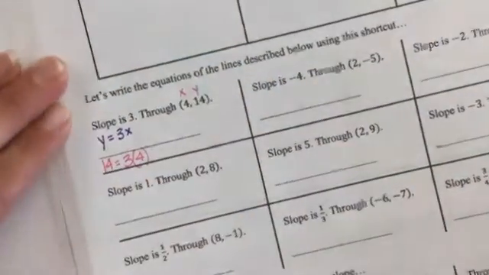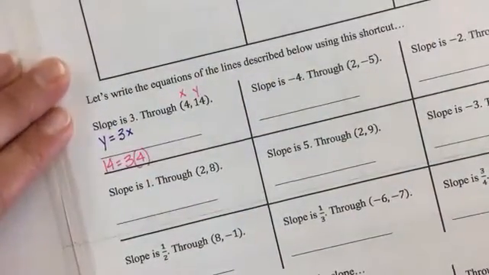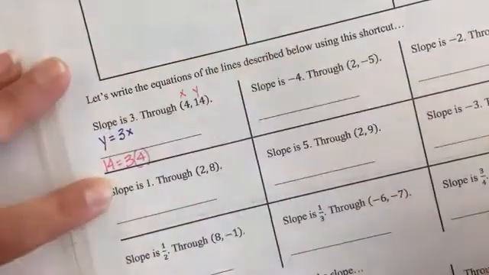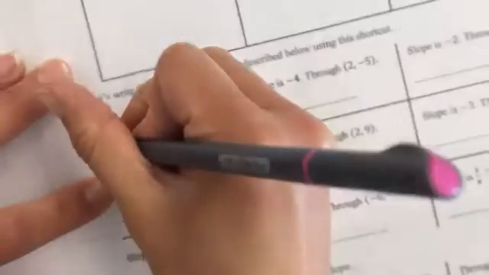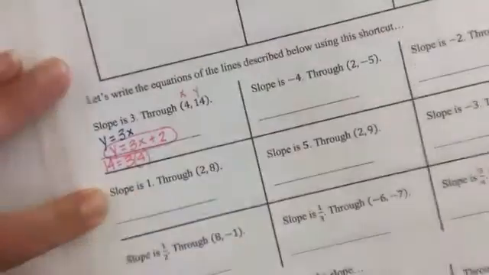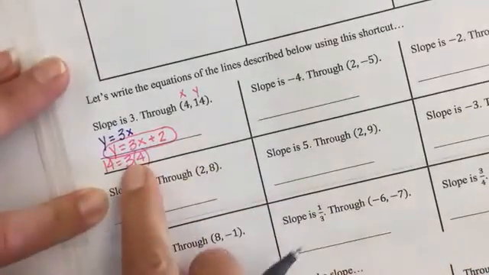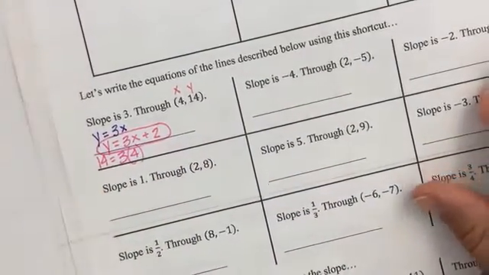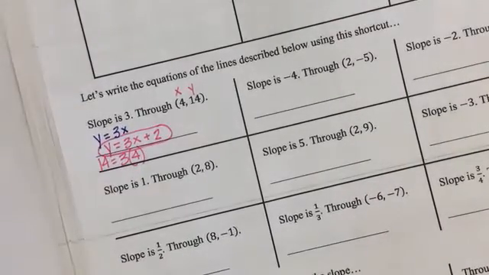Does 14 equal 3 times 4? No, this is 12, right? So plus 2. Our equation is actually going to be y equals 3x plus 2. I had to add 2 to the 12 to get to 14. It's kind of fun to know other ways to do things too.